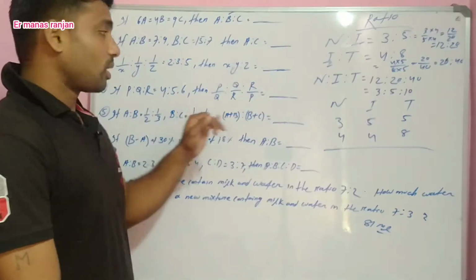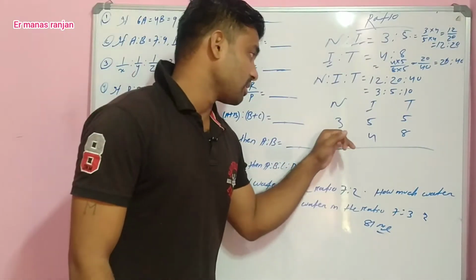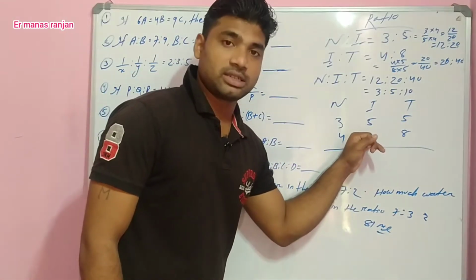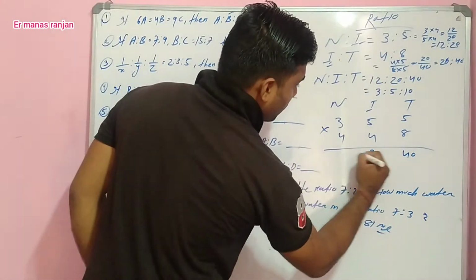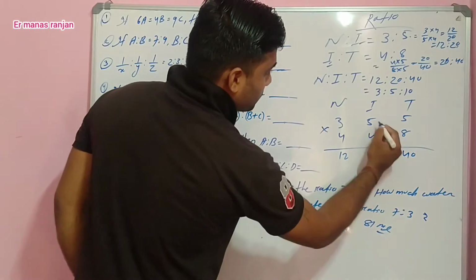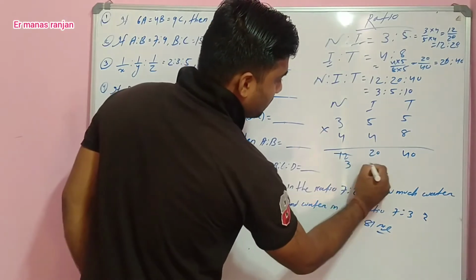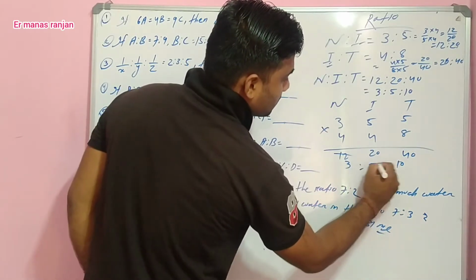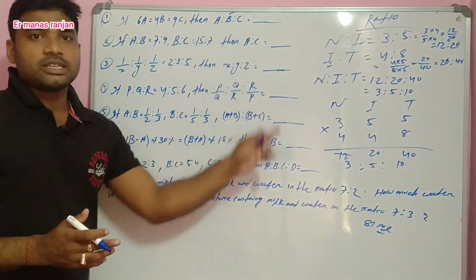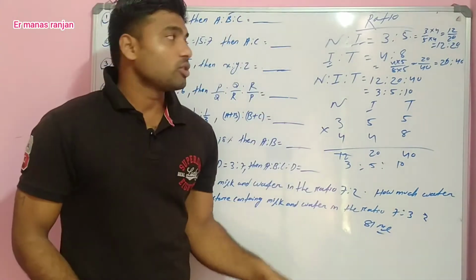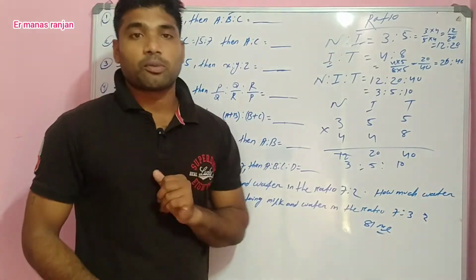If you look at the left side, if there is a blank place, then look at the last digit. So multiply it: 40, 20, 12. If you simplify it, you will get 3 is to 5 is to 10. Understood? Using this formula, we can solve all the problems related to ratio and proportion.